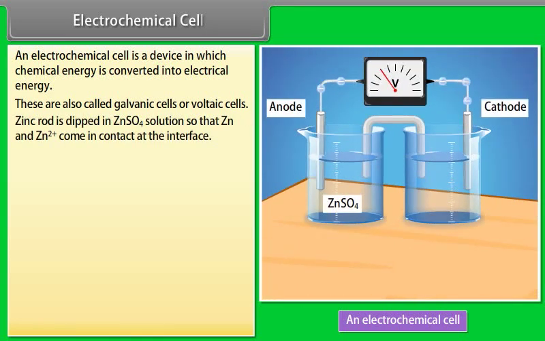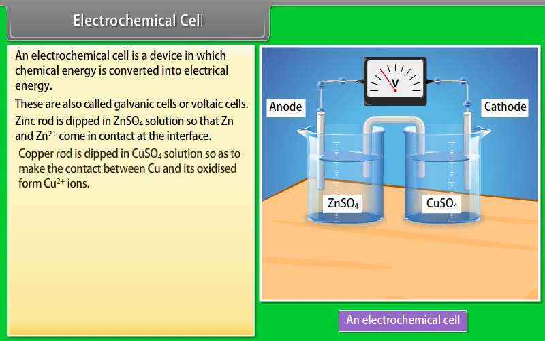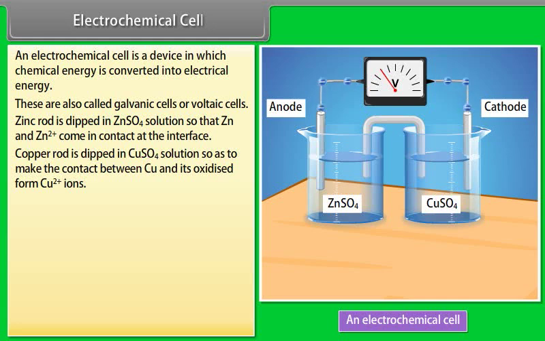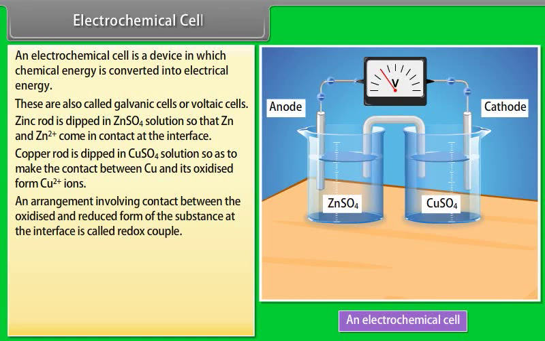Zinc rod is dipped in ZnSO4 solution so that Zn and Zn2+ come in contact at the interface. Copper rod is dipped in CuSO4 solution so as to make the contact between Cu and its oxidized form Cu2+ ions. An arrangement involving contact between the oxidized and reduced form of the substance at the interface is called a redox couple.